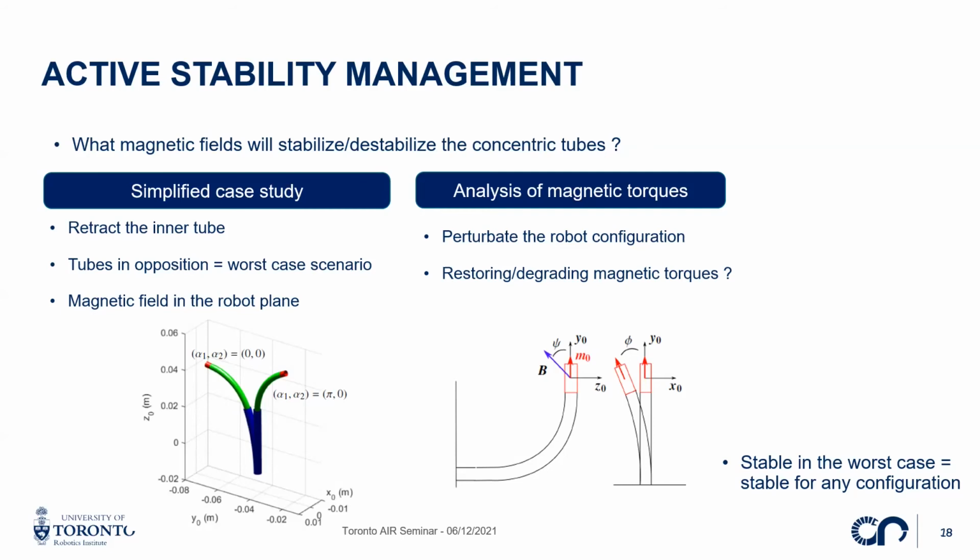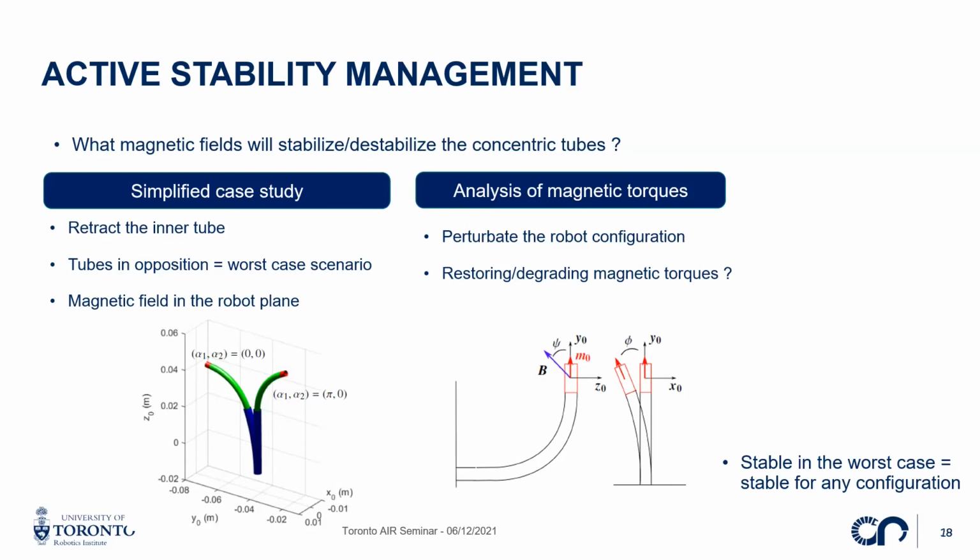So first of all, we consider a simplified case study for this robot where the inner tube is retracted. So the magnet in red is actually directly at the extremity of the concentric tubes. We put the tubes in, we oppose the curvature, which is kind of the worst case scenario from a stability perspective. And then we apply a magnetic field on this robot in a particular plane.